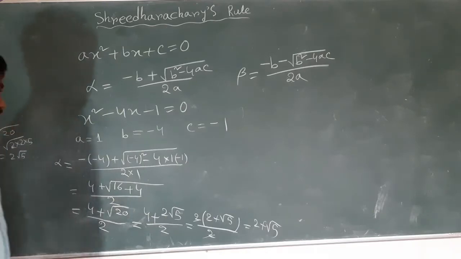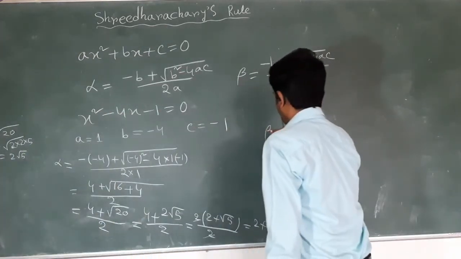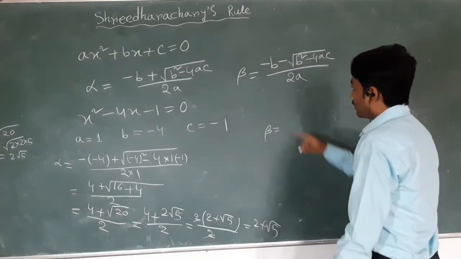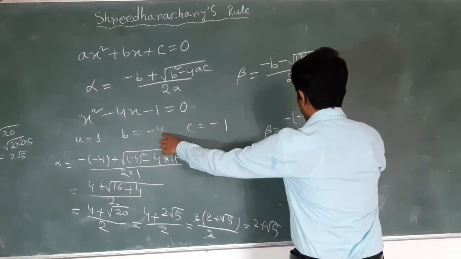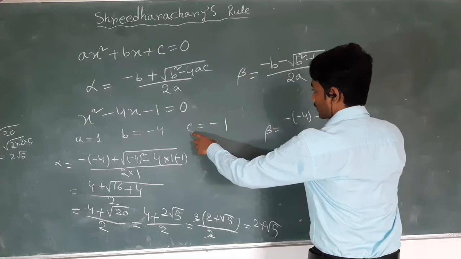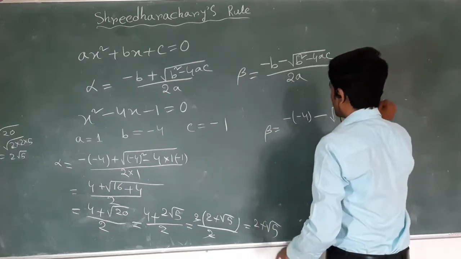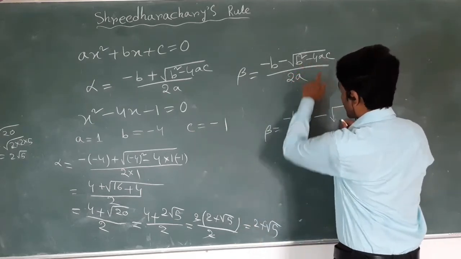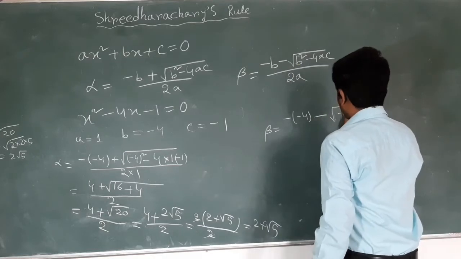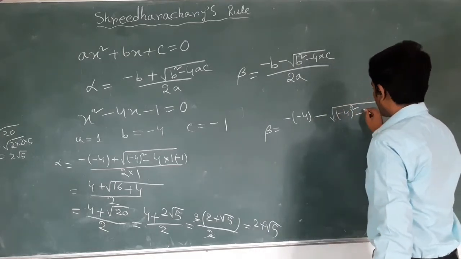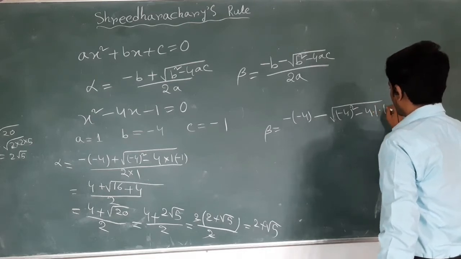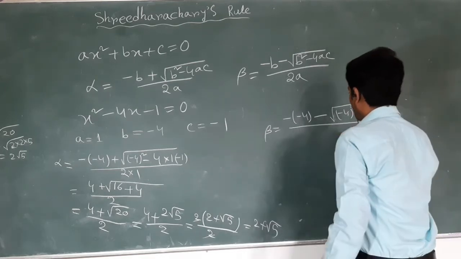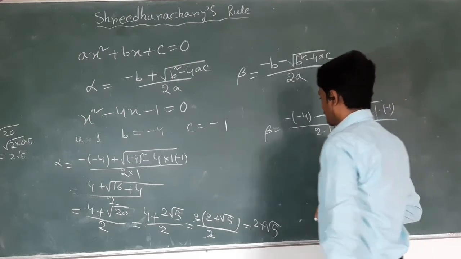And another root, beta, is equal to minus b, that is minus of minus 4, minus under root b square minus 4ac, by 2 into 1.